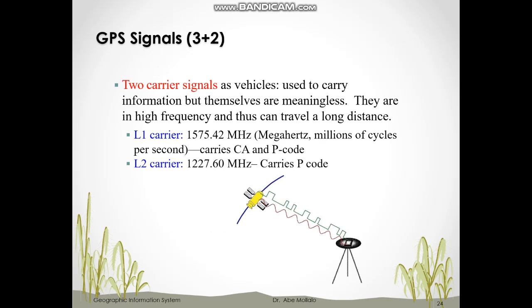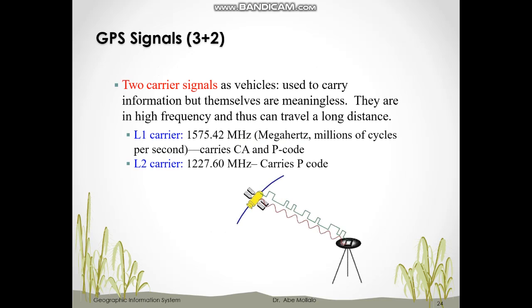The other 2 codes are called carriers, and they are vehicles that carry these 3 codes from satellite to the earth. So think about 2 very high speed vehicles like jets whose responsibility is to carry CA, P, and message codes.